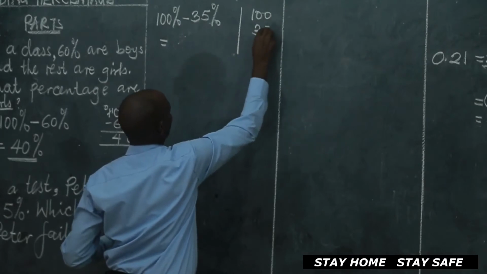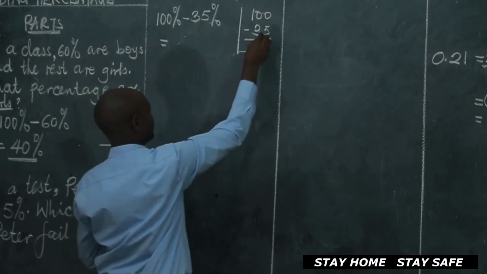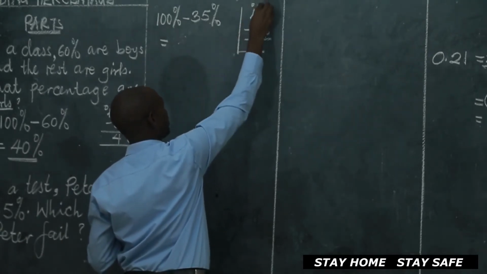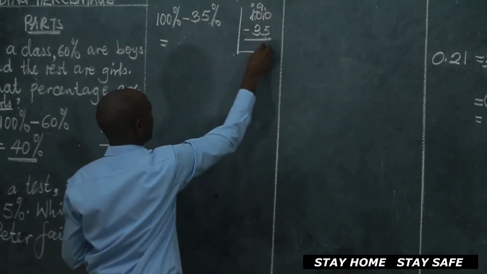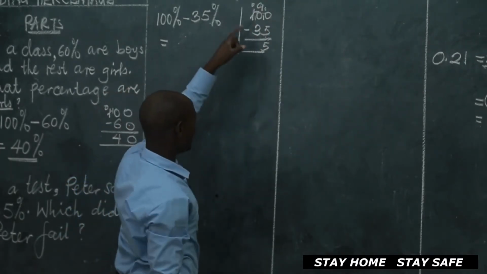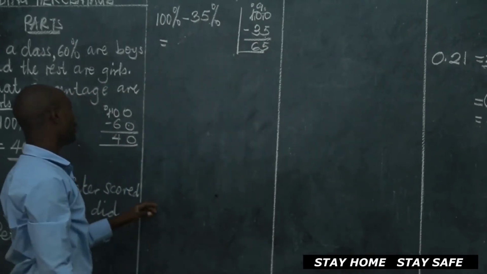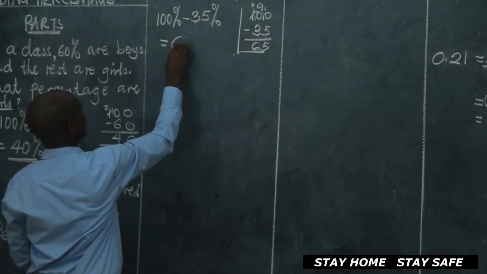We take away 35%. 0 take away 5. We have to regroup. This one is 0. This is 10. We remain with 9. So 10 take away 5, we are getting 5. And 9 take away 3, we are getting 6. Therefore, Peter failed 65%.